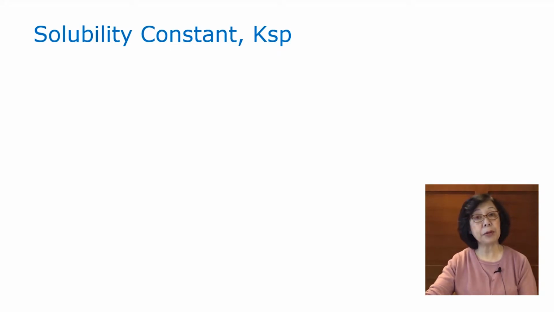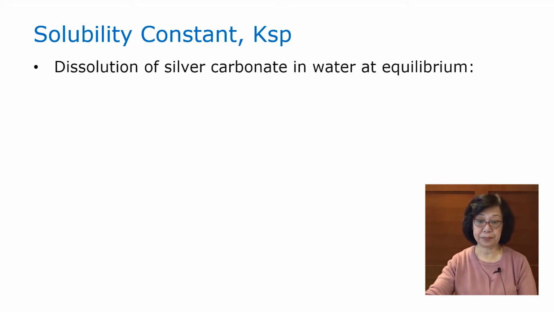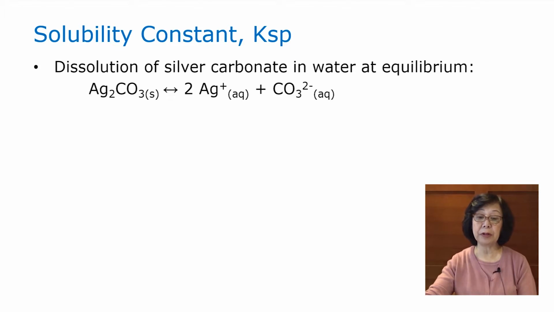When we write the equilibrium constant for this kind of dissolving of a sparingly soluble solid, we call it the KSP, solubility product constant. Now, when we dissolve silver carbonate in water at equilibrium, the equation can be written as silver carbonate solid, double-headed arrow, to form 2 moles of silver ion and carbonate ion in aqueous solution.